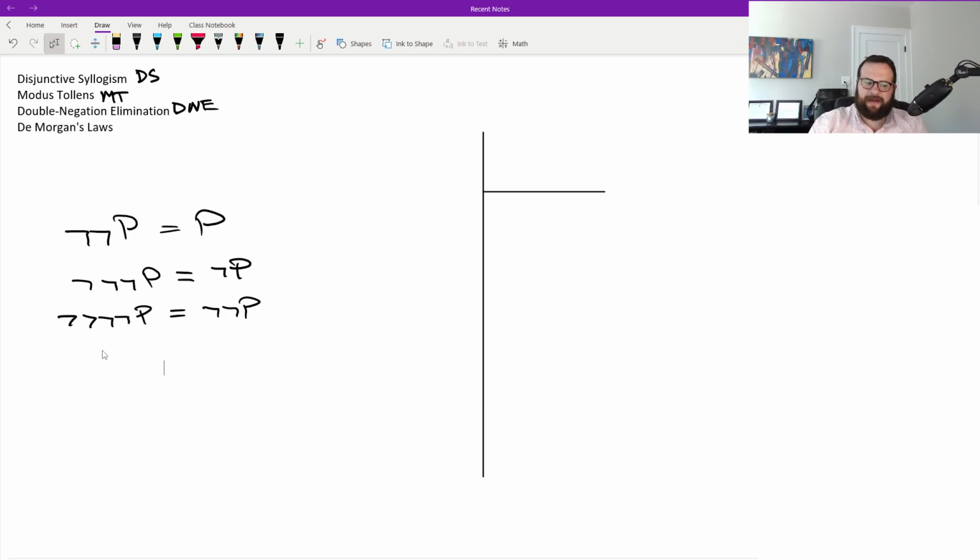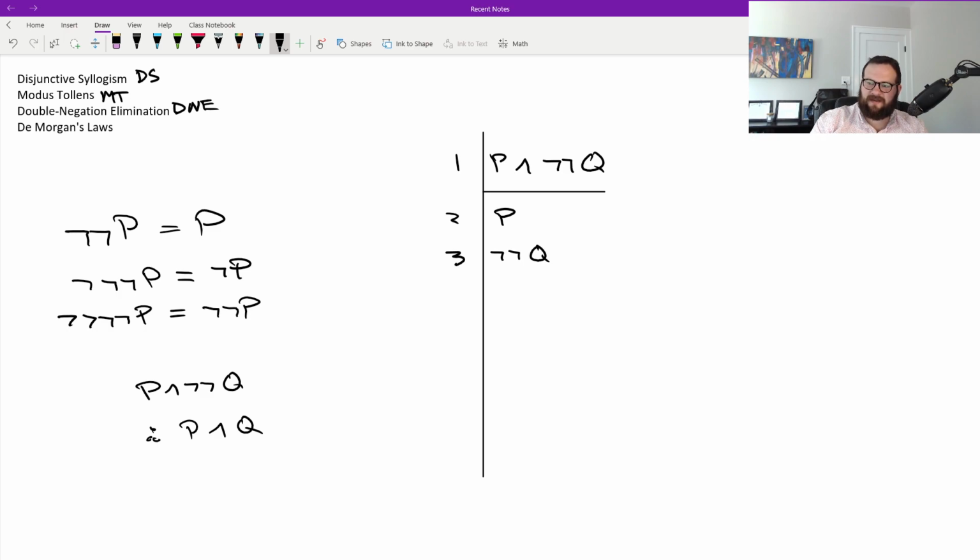All right. So suppose you have the following argument: P and not not Q, and we want to prove that P and Q. Okay. So P and not not Q is our only premise. We're going to need to start by breaking apart this conjunction. So let's do that.